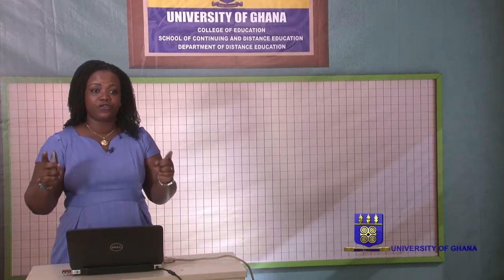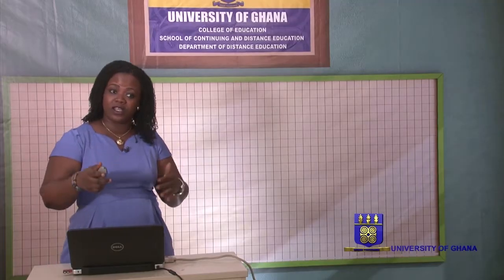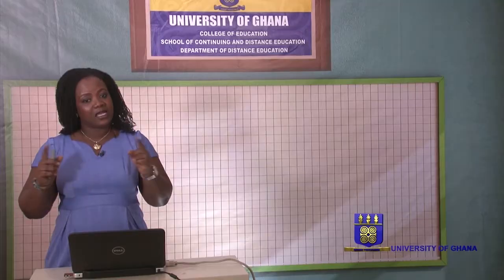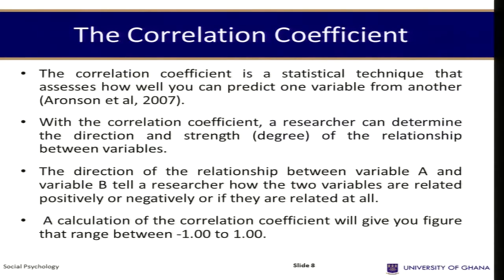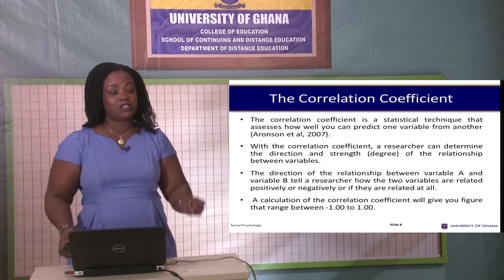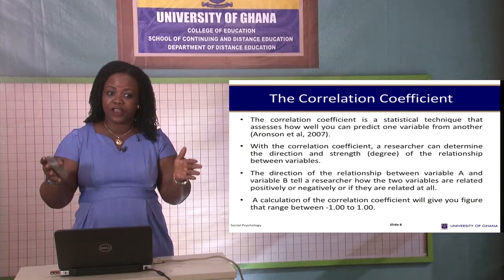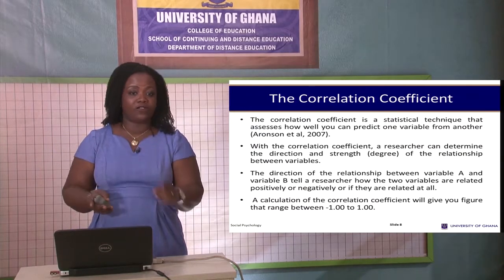If you get the figure +1, it tells you, yes, the two variables are related. If you get -1 or any figure in the negatives, it tells you again that, yes, the variables are related, but in a negative direction. So simply, the correlation method does two key things. It tells you whether phenomena are related and it also tells you the direction of the relationship.